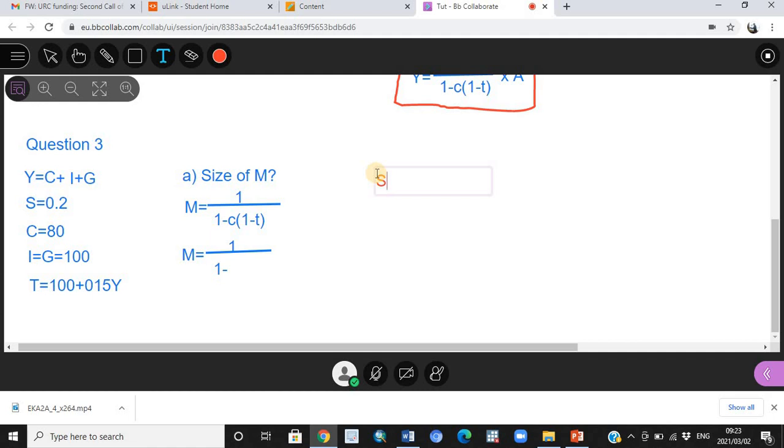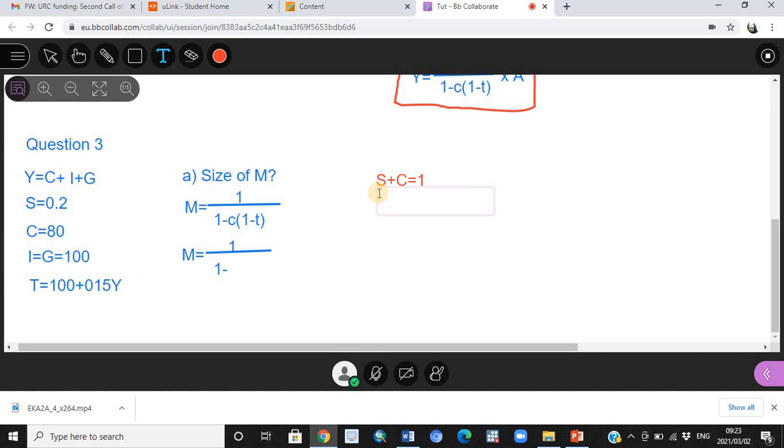S, which is the marginal propensity to save, plus C, which is the marginal propensity to consume, these two should be equal to 1. Okay, so that means for this matter that whether you are looking for marginal propensity to save or you are looking for marginal propensity to consume, you are just going to say is equal to 1 minus that thing.